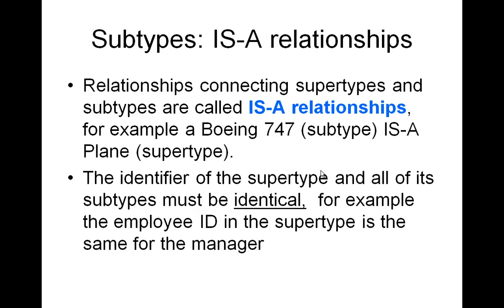So the Boeing 747 as a subtype entity is a plane. That's a supertype entity, and that's how a relationship is being created. The identifier of the supertype and all of its subtypes must be identical. For example, the employee ID of the supertype is the same for the manager.